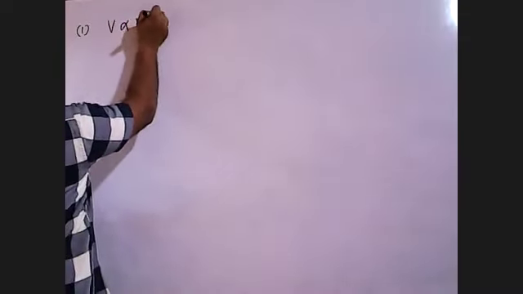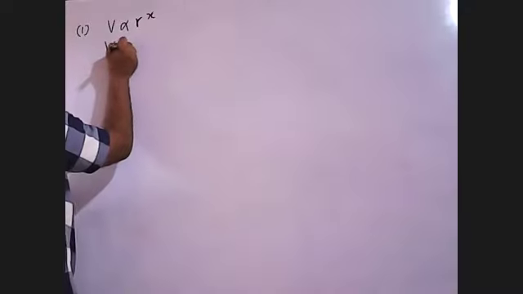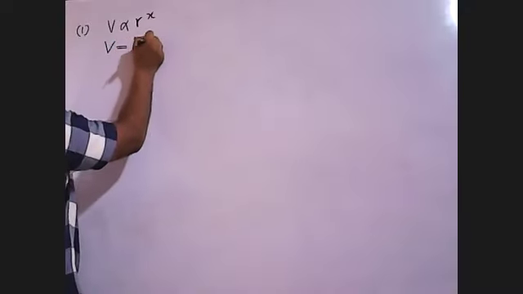V depends on R to the power x. This is the assumed relationship. Then I can write V is equal to K into R to the power x.